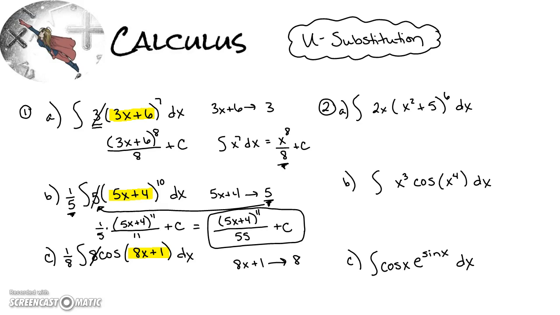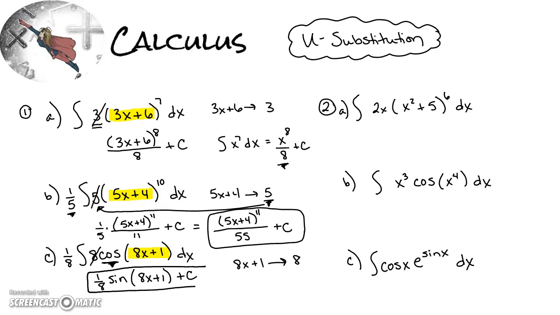This 8 that's inside, I now get to ignore. And I get to take the antiderivative of the outer function, which this time is cosine. Well, the antiderivative of cosine is sine. So I have sine, and then I just rewrite 8x plus 1. And then there's a plus c. But the 1/8 that was in front is still in front of the answer.